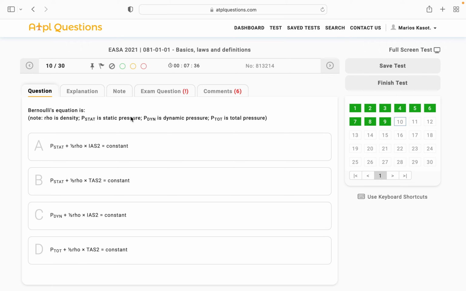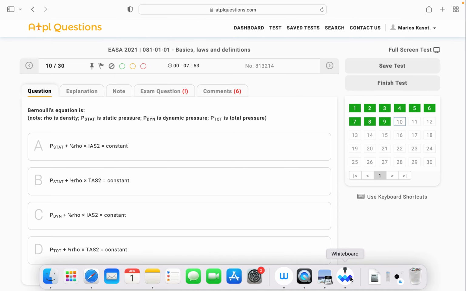Bernoulli's equation: rho is density, static pressure is static pressure, dynamic pressure is dynamic pressure, and total pressure is the total pressure. Let's write it down.